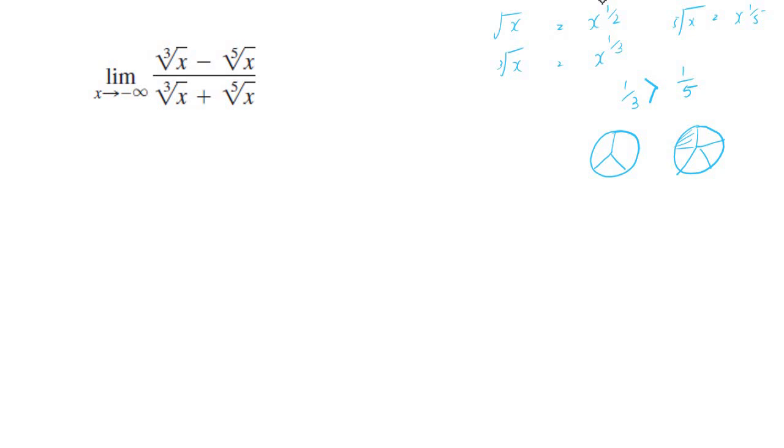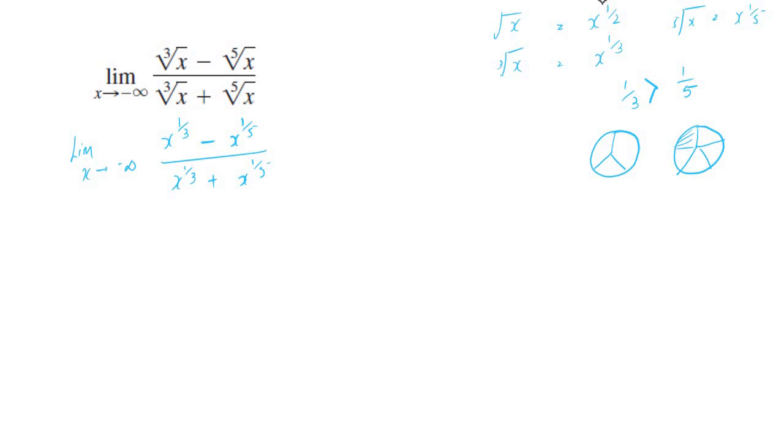So let's do the limit. Let's write limit as x tends to minus infinity, I'm rewriting this, x to the power 1/3 minus x to the power 1/5 over x to the power 1/3 plus x to the power 1/5. So we'll divide by the highest power.